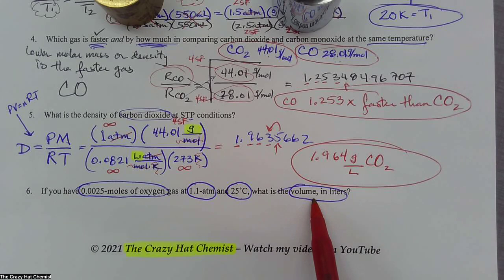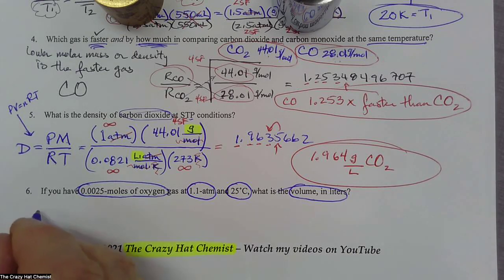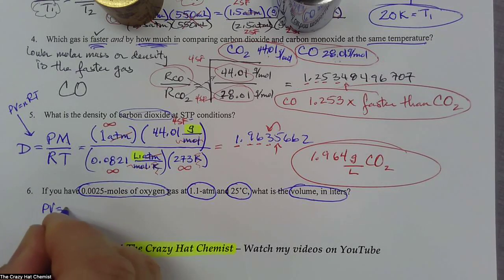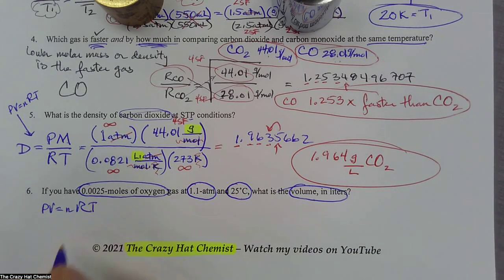No, I'm actually asked to solve for a volume. So since I do not have two of anything, I am not using the combined or general gas law. Consequently, I'm using the last mathematical relationship that I had here, and that is the ideal gas law. That's PV equals nRT.